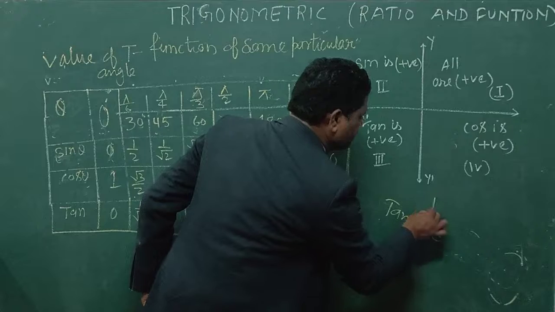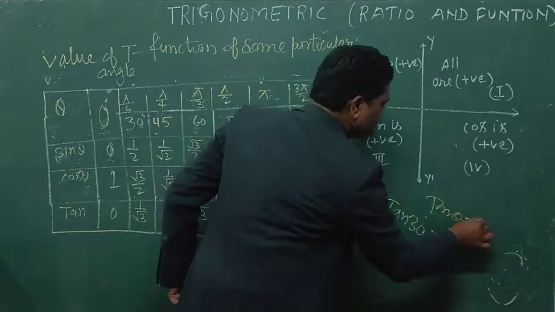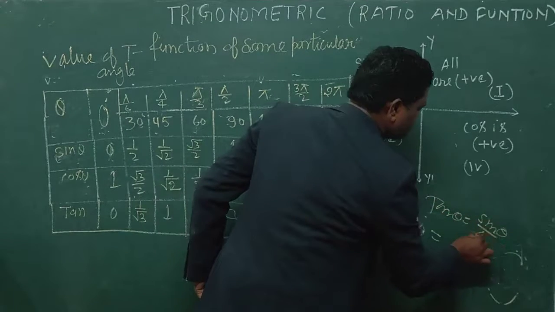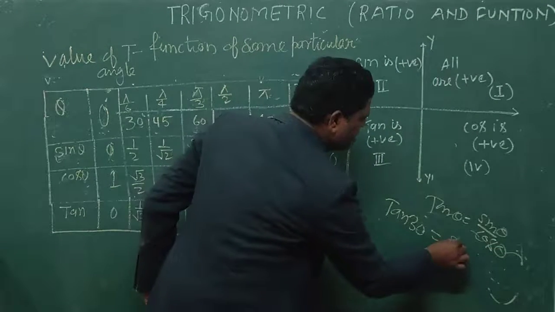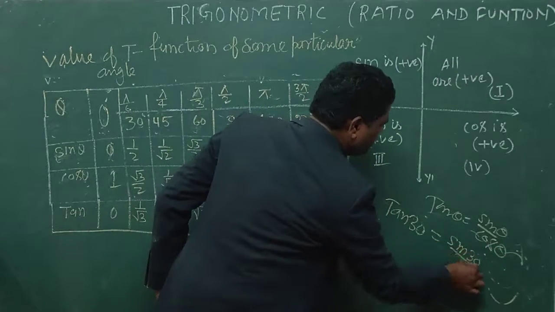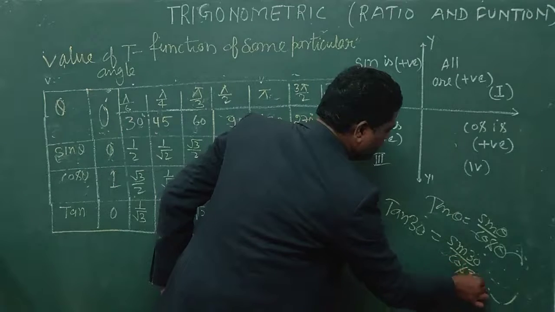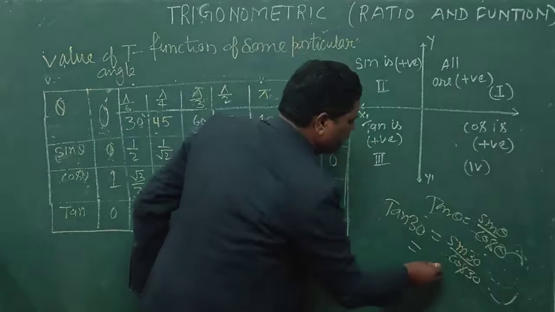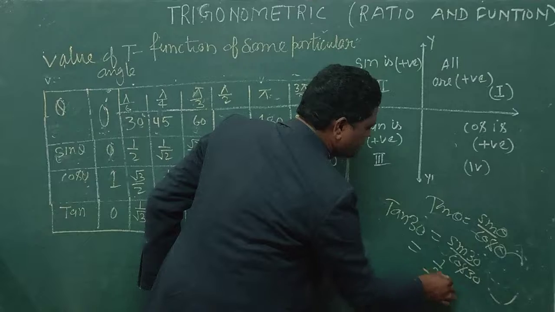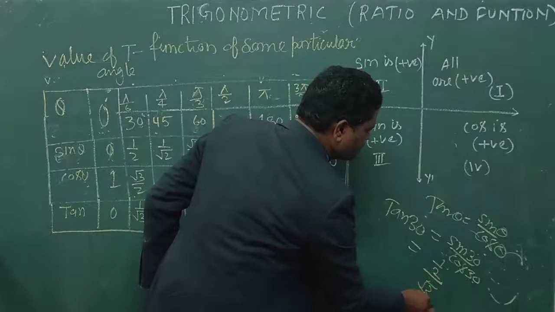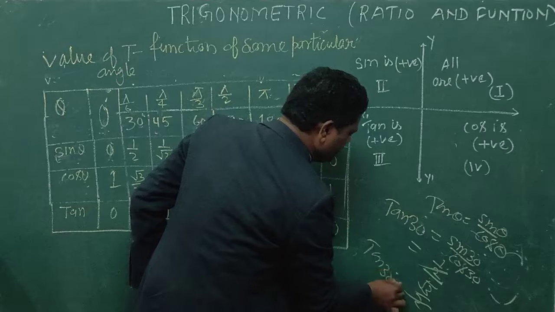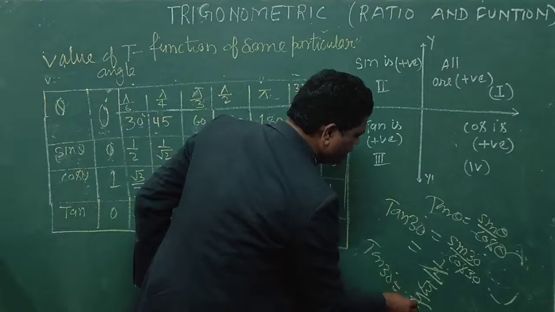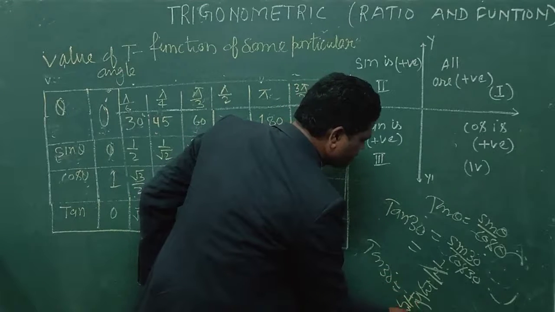We know tan theta equals sin theta by cos theta, so sin 30 degree by cos 30 degree. Sin 30 is 1 by 2 and cos 30 is root 3 by 2. The 2s cancel, and we get the answer 1 by root 3.